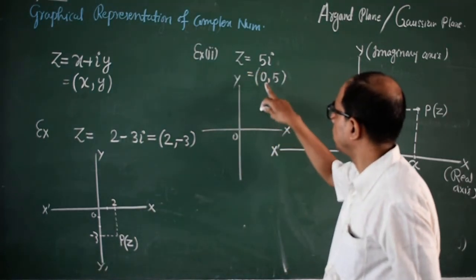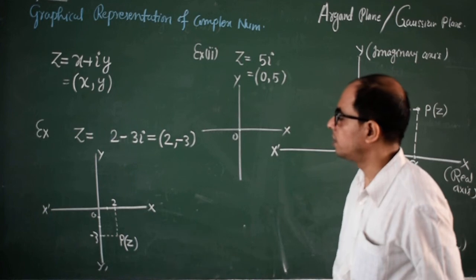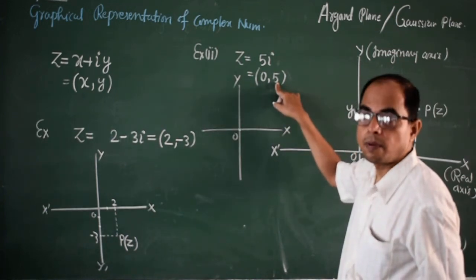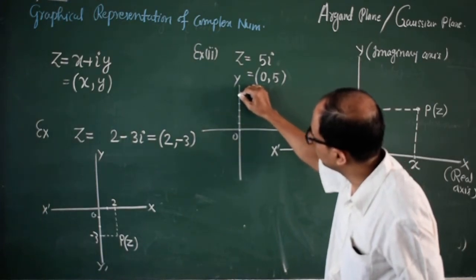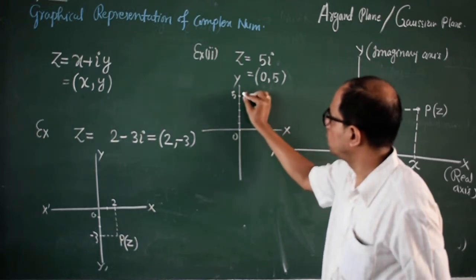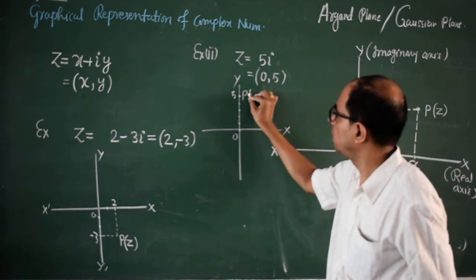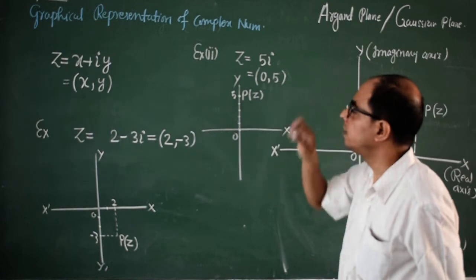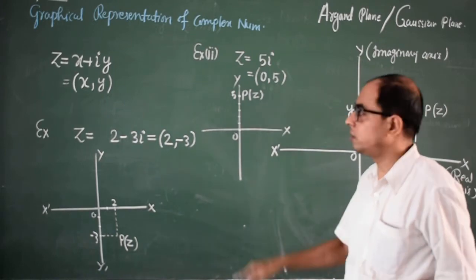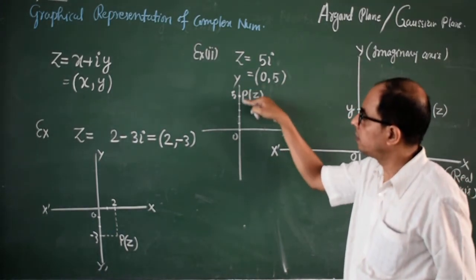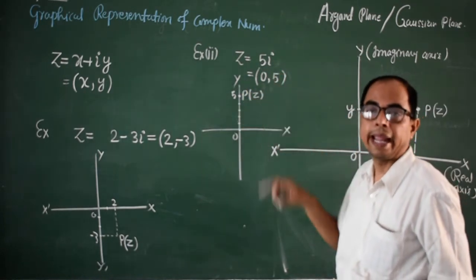Here the real part is 0, and the imaginary part is 5. So 1, 2, 3, 4, 5. This will represent the imaginary part 5. So this point has coordinates 0, 5. So this point will represent the given complex number z. Now, where does this complex number lie? This complex number lies on the positive imaginary axis.